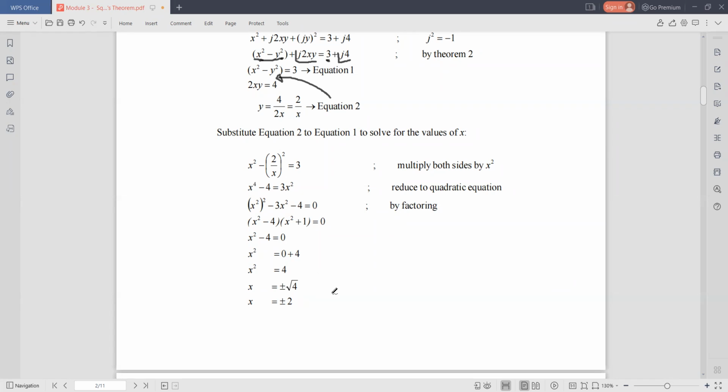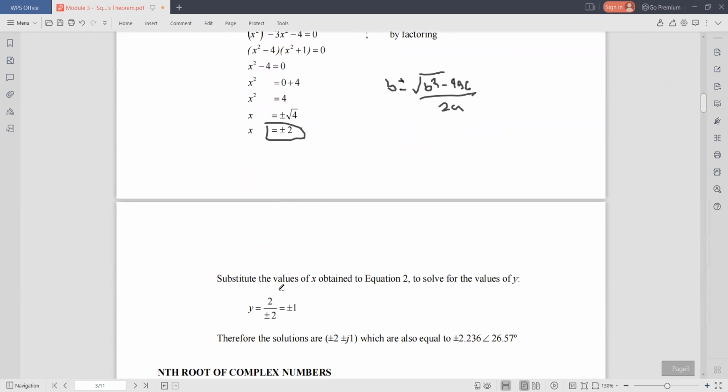So I think it follows pa rin, no? The quadratic equation, that is b plus minus square root of b squared minus 4ac over 2a. Yan. So you have here your plus minus 2.